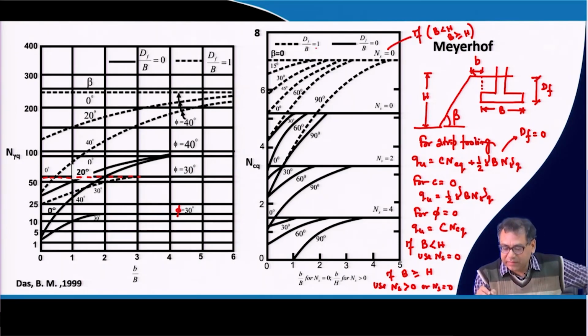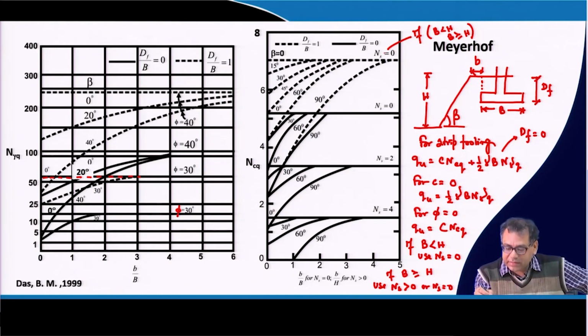Remember that. So, that means if Ns is equal to 0, you can use both the cases, if B is less than or equal to H or B is greater than or equal to H.